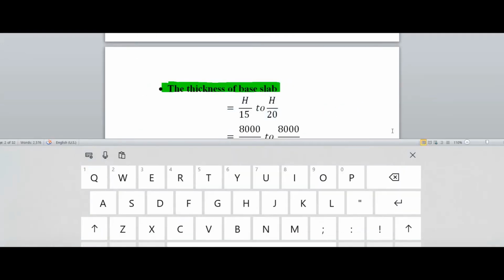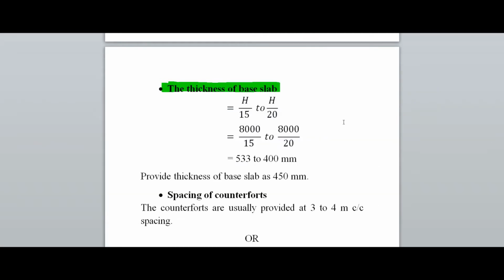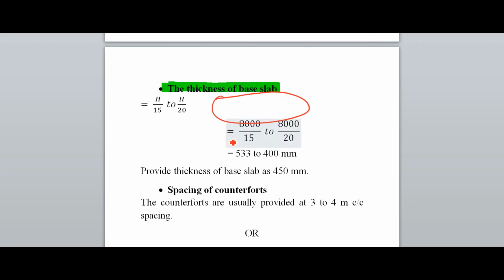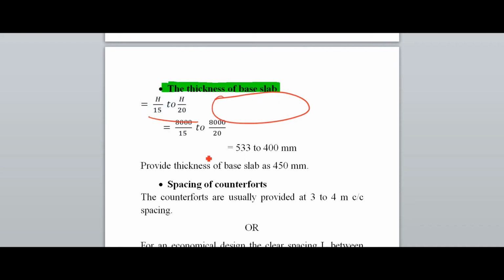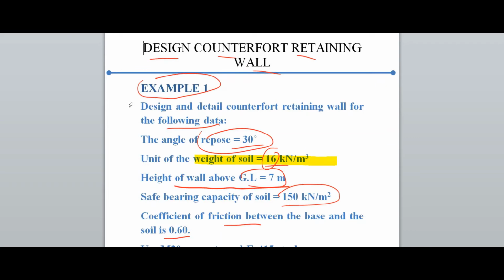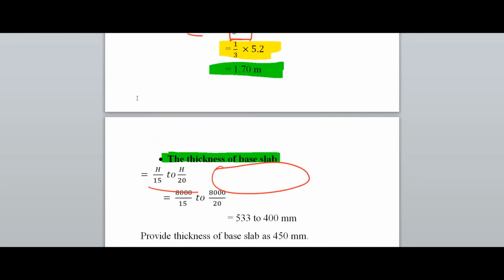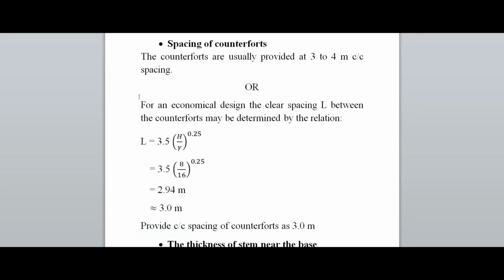Thickness of base slab is h by 50 or h by 20. Height is 8000.